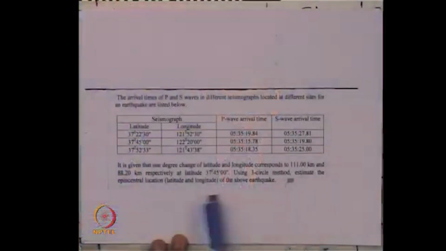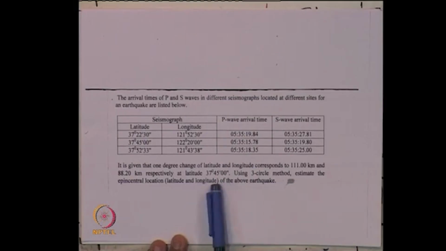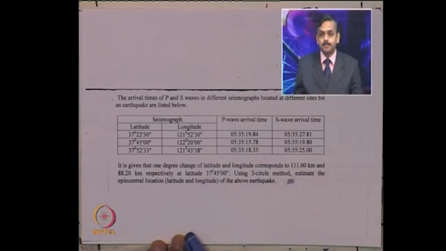So, that is the reason why this information is required to be provided. It is known, one can easily calculate from simple geography, and that data has to be given corresponding to a particular latitude, that is, at which latitude location that 1 degree change corresponds to how many kilometers.